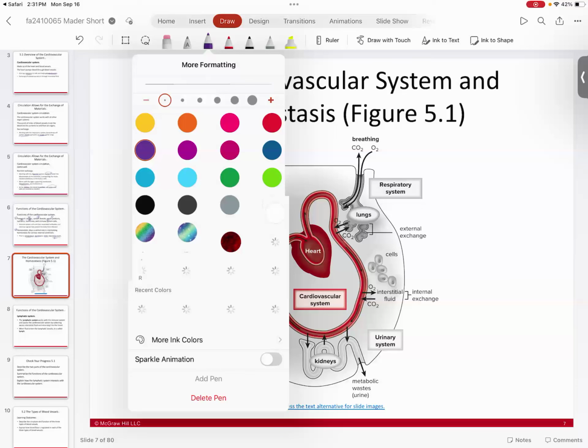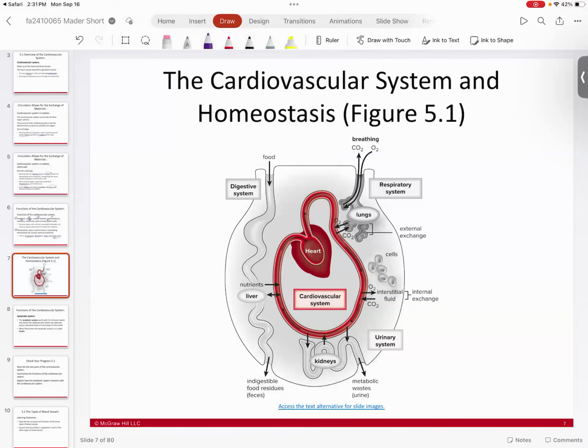So let's take a look at this in terms of the basic conduit. I'm going to go purple here. From your heart, you're basically going to move your blood. Your heart's going to pump it out through your system, and it's going to go to your lungs first of all, where it's going to exchange oxygen and CO2. And then from your lungs, it's going to go out to your interstitial tissues, where it's going to exchange oxygen for CO2 with your tissue cells who need oxygen, and they're getting rid of CO2.